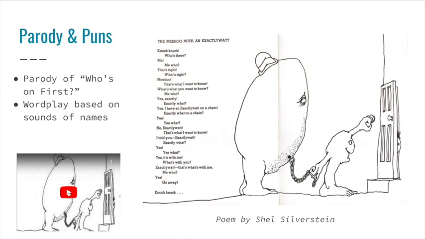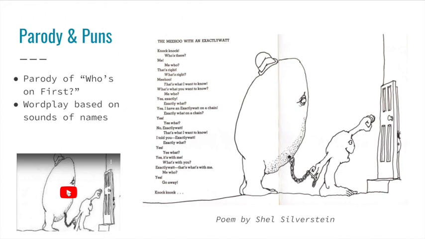So the way this poem plays out when it's read is that it ends up being a true parody of that Who's on First sketch. We are playing off of the sound of their names. We have that, even down to that increasing tension as the interaction goes on, because there's so much confusion between them as they're both saying the same thing, but they mean different things behind the words that they're using.